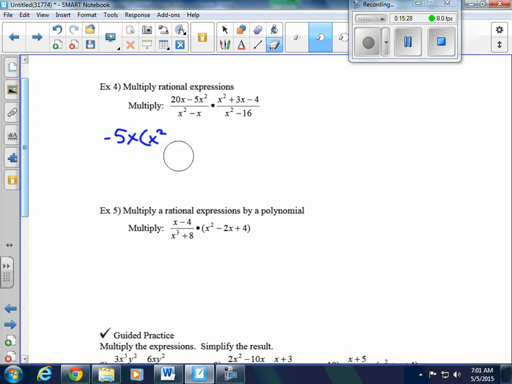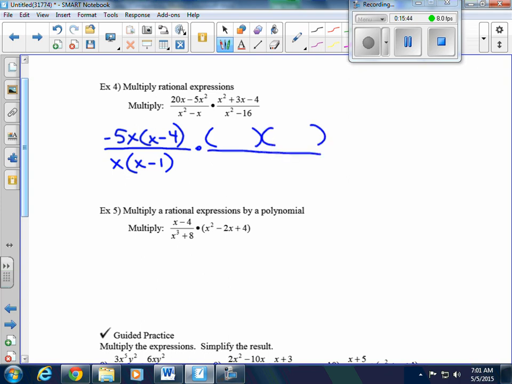So if I take a -5x, then that's going to be x minus 4. And I can take an x out of the bottom too, so I'm going to have x and x minus 1. So there's my first fraction simplified. Now I'm going to factor the second one. And the numerator, I'm going to have x and x, 4 and 1, plus 4 minus 1. And here I'm going to have x minus 4 and x plus 4.